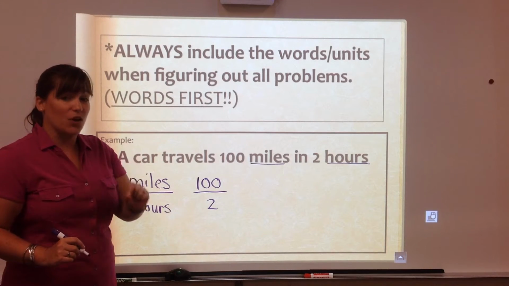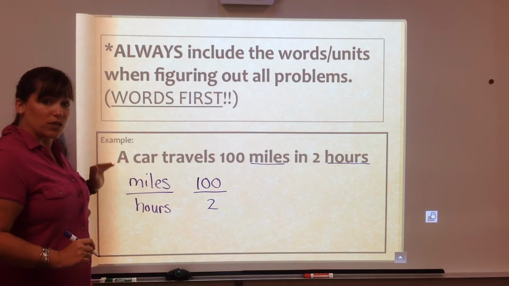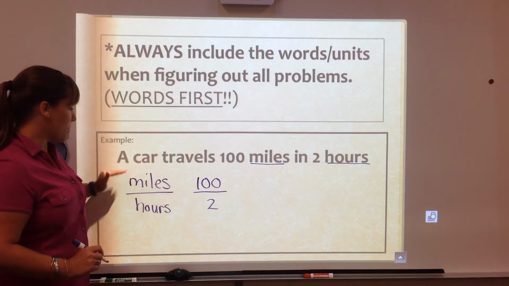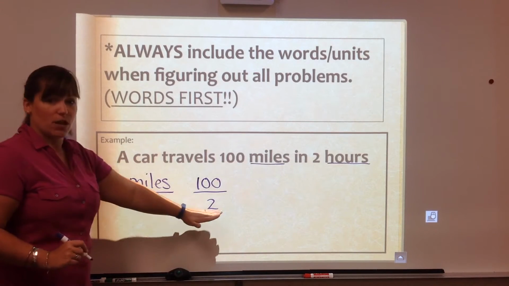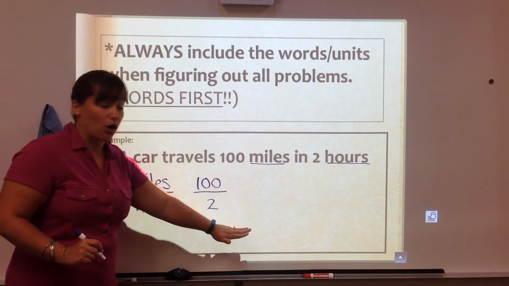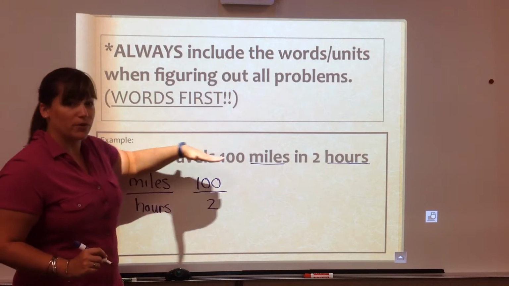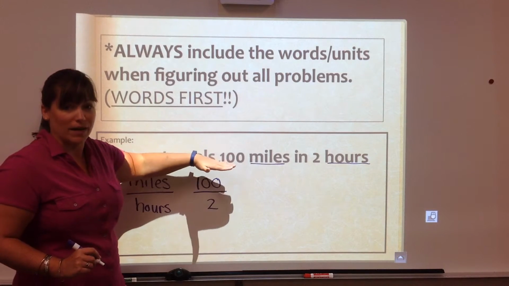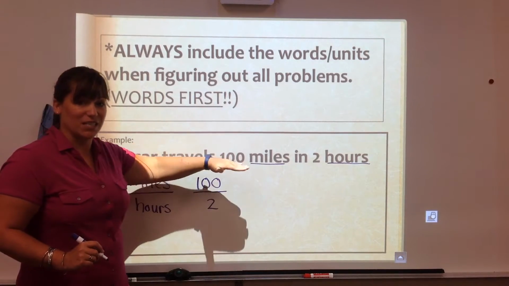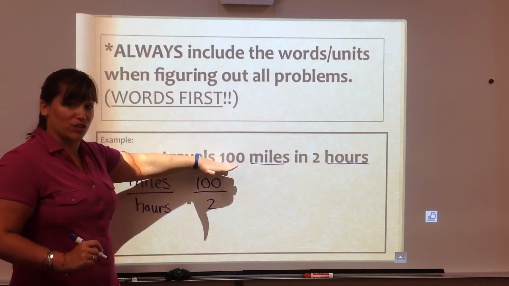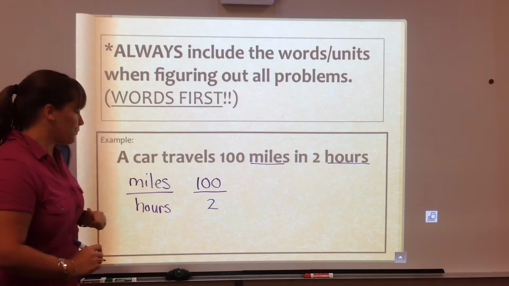Why? Because those are specific to the units that I just wrote. 100 miles, 2 hours. The denominator deals all with hours. The numerator deals all with miles. That's important to keep consistent. Numerator should match number and label.